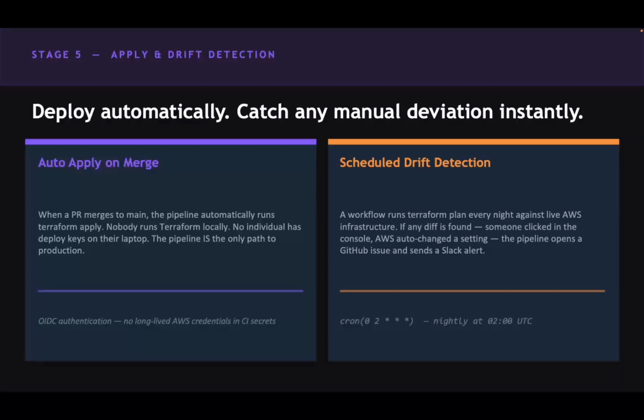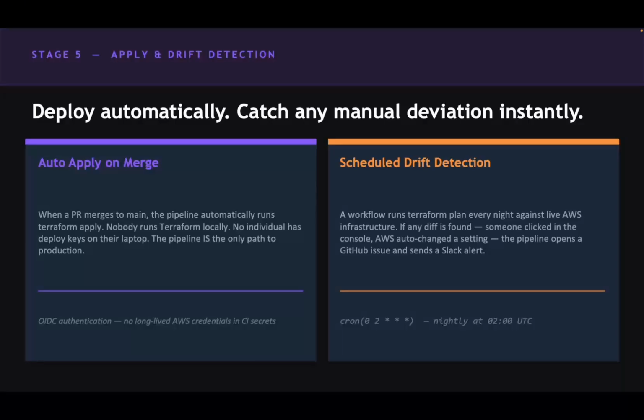And the second is drift detection. Every night at 2 a.m., a scheduled workflow runs the Terraform plan against live AWS infrastructure. If the output shows any changes, let's say someone clicked in the console, or AWS automatically modified a setting, the pipeline opens a GitHub issue and sends a Slack message or a Slack alert, depending on how we configure the trigger.